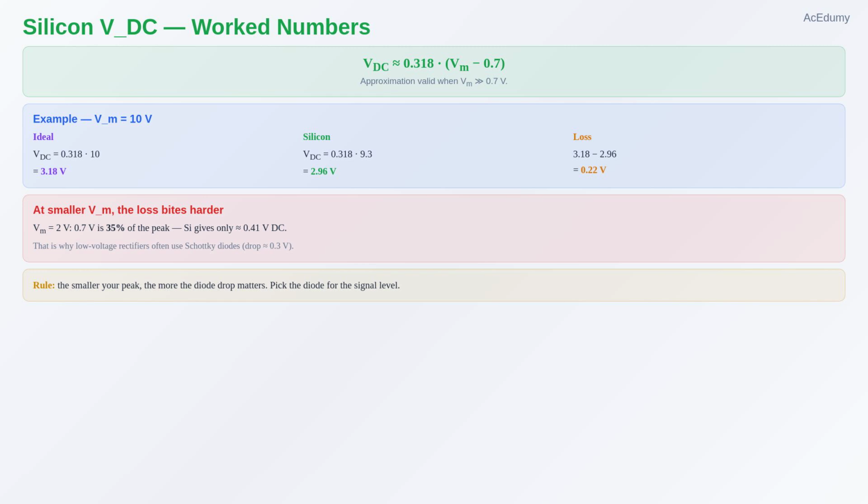Not a huge difference at 10 volts, but at smaller signal levels, say 2 volts peak, the 700 millivolt drop becomes a much bigger fraction of your output. That is why low-voltage rectifiers sometimes use Schottky diodes with a much smaller drop, around 0.3 volts.